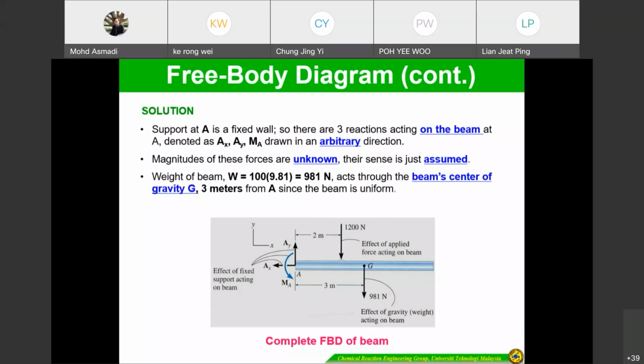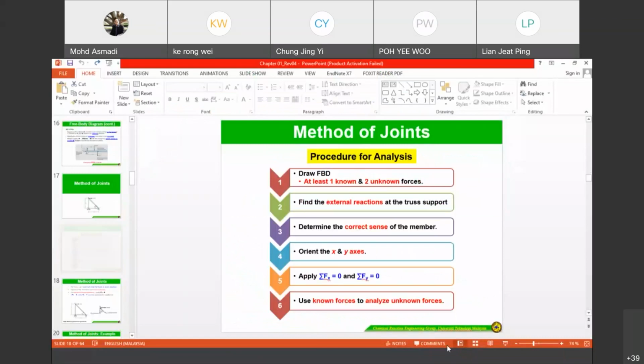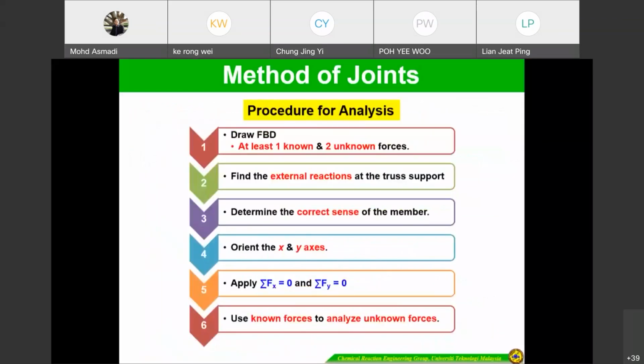So the procedure of the analysis: first, of course, you have to draw the free body diagrams. We want to know if there are one unknown or two unknowns. It's more difficult to solve with more unknowns. Also, we have to use another method such as method of joints and method of sections, or we have to use trigonometry methods.